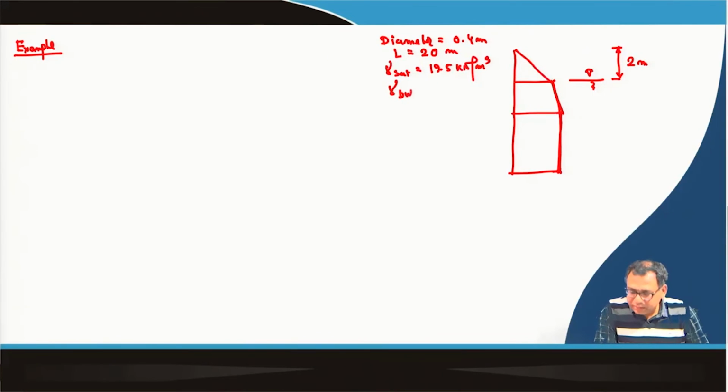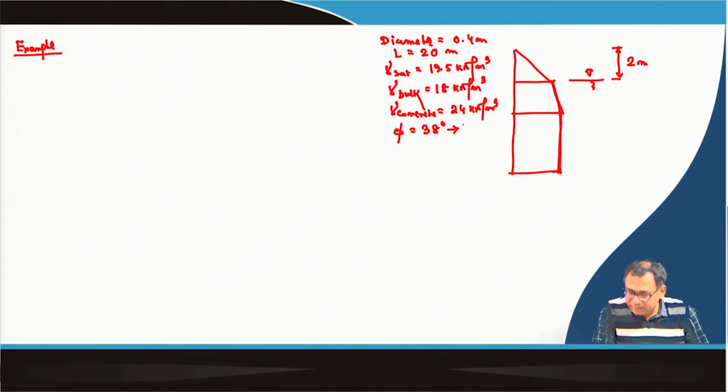Gamma bulk is given 18 kilonewton per meter cube. Gamma concrete is given 24 kilonewton per meter cube. Phi value is given 38 degree.